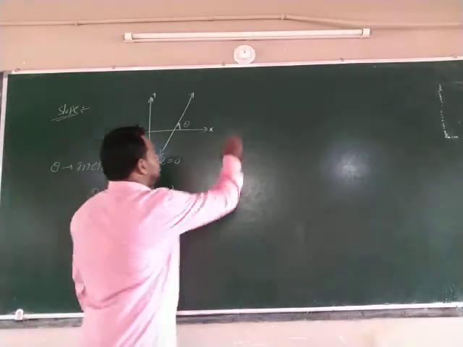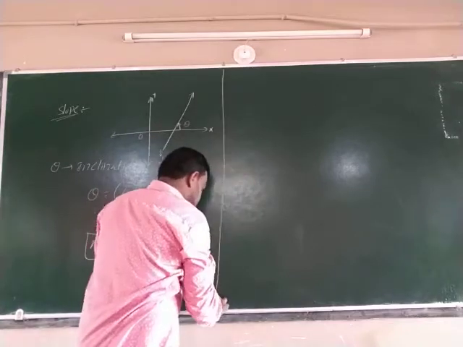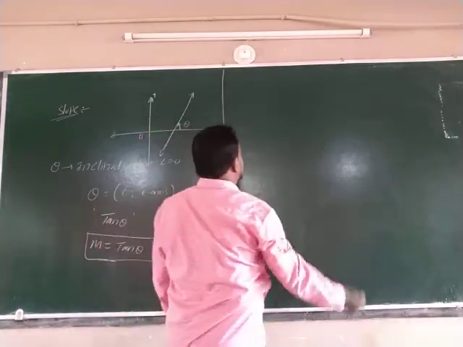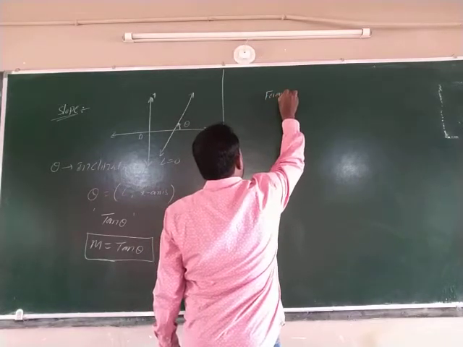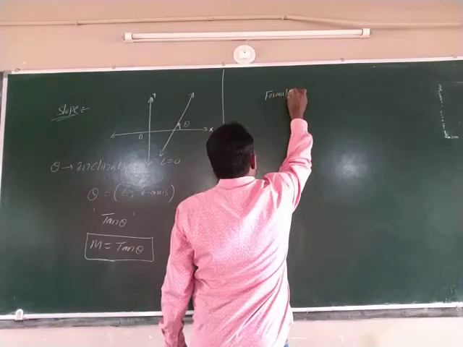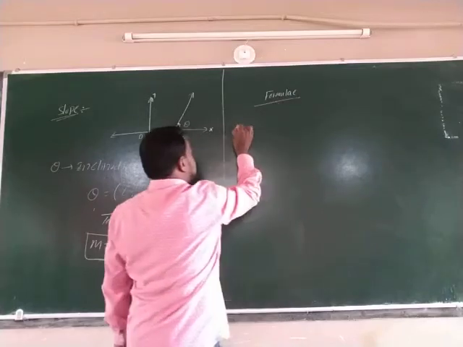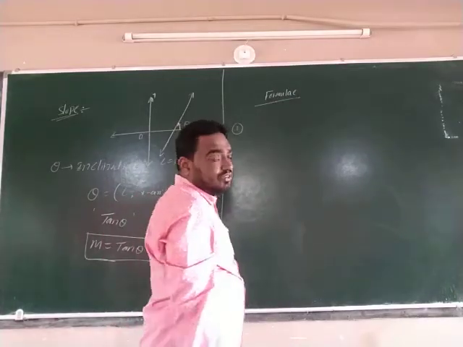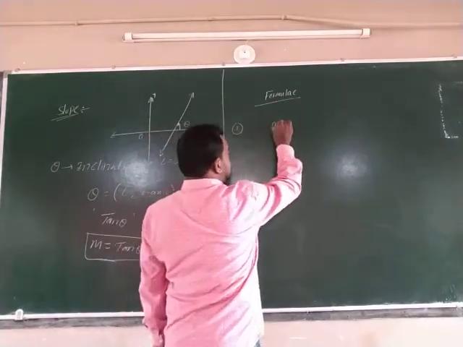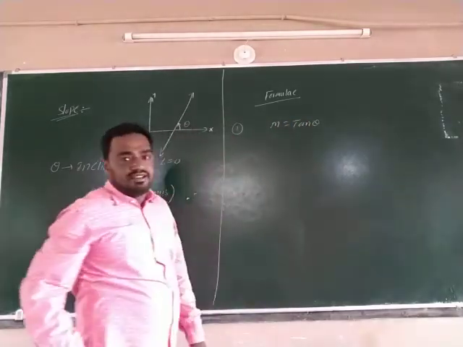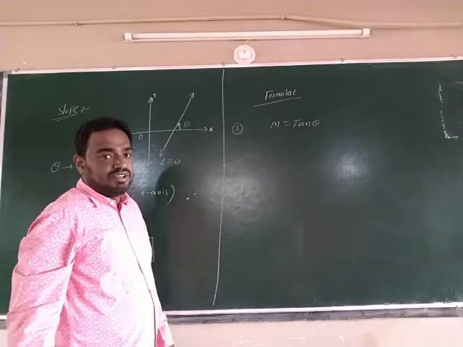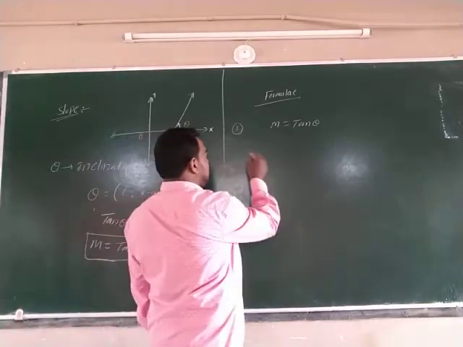Next, the formulae based on the slope. First, if theta is the inclination, then the slope m is equal to tan theta.